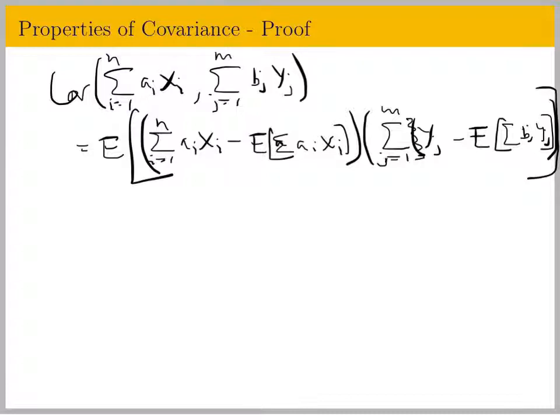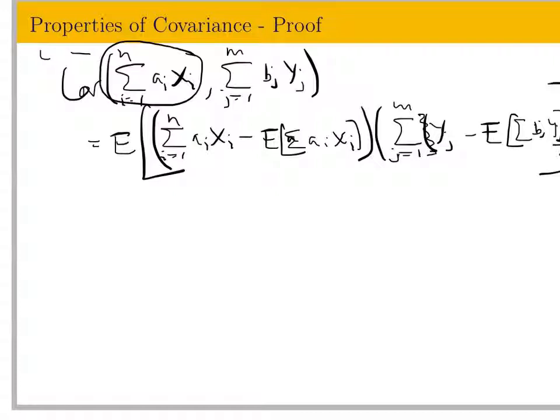So really what we're doing is just relabeling this as some random variable, whatever you want to call it. This could be a random variable Eric, and this could be a random variable Jimmy.